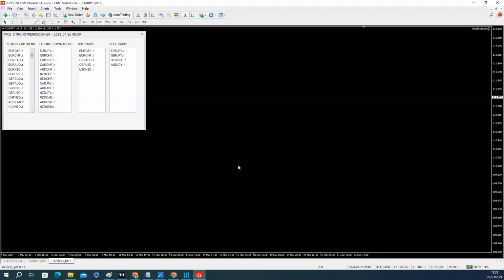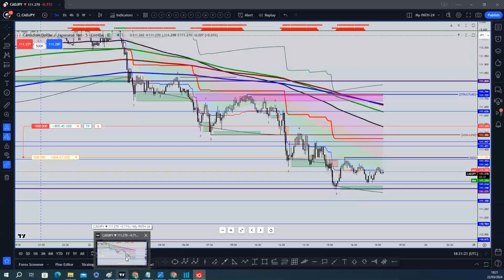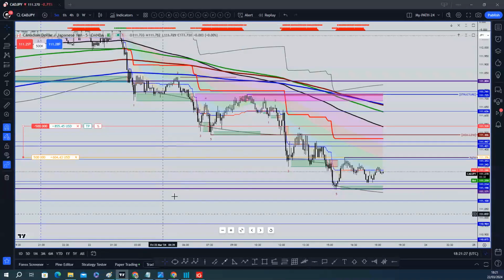Instead of going through all the charts, we just run this on the time frame. I normally use 15 minutes or 1 hour, then execute the trade on the 5 minutes chart using this template here.